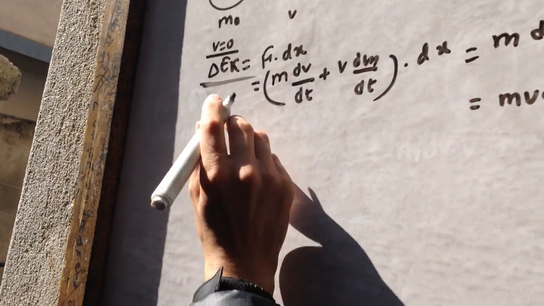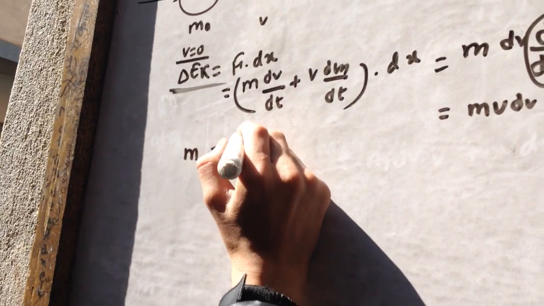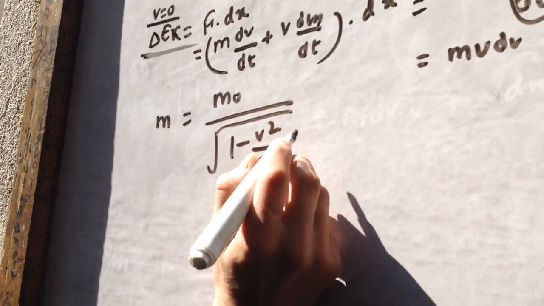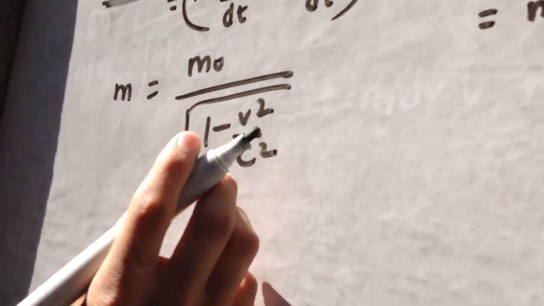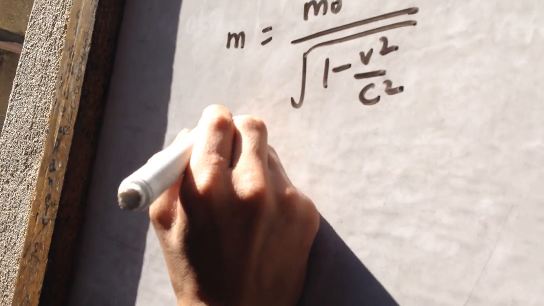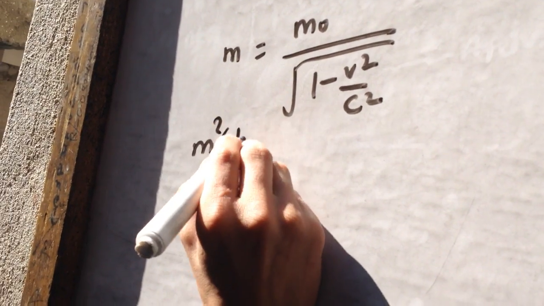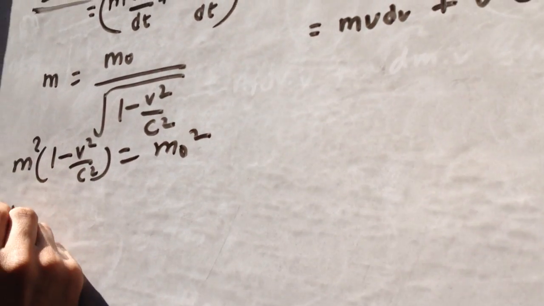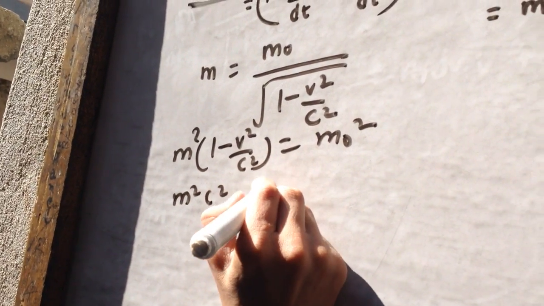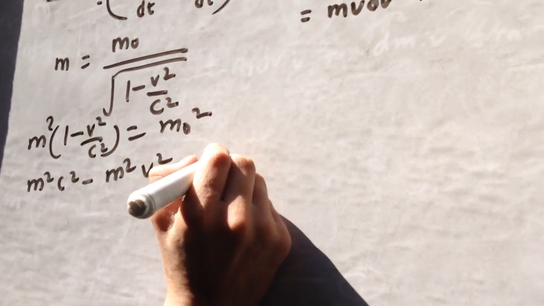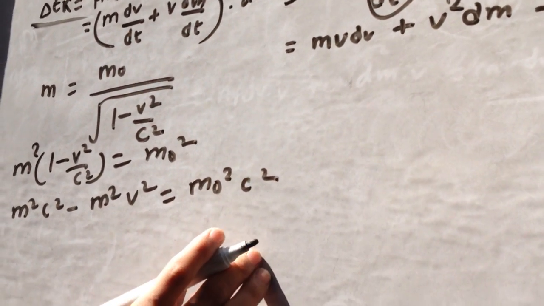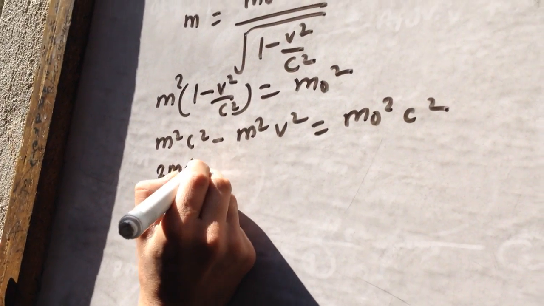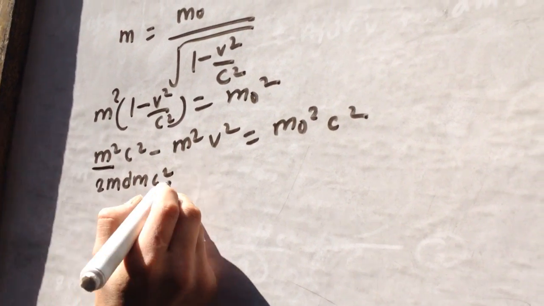We know that mass varies with the velocity according to m = m naught divided by the square root of 1 minus v square by c square. Squaring both sides, we get m square times 1 minus v square by c square is equal to m naught square. So m square c square minus m square v square is equal to m naught square c square. Let's differentiate this equation. We get 2m dm c square, because c is constant.